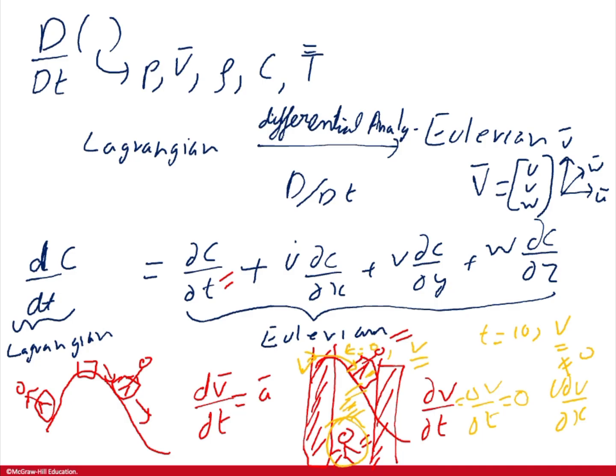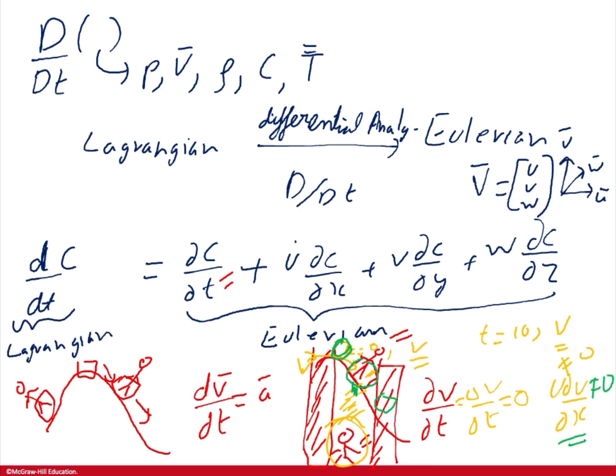Is the velocity changing with location? Naturally it is accelerating, so the velocity in this location will be different from the velocity in the next location. So you will have a velocity gradient at this point, and this term is not equal to 0.